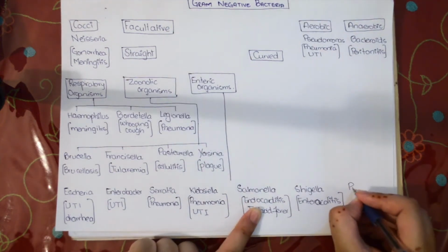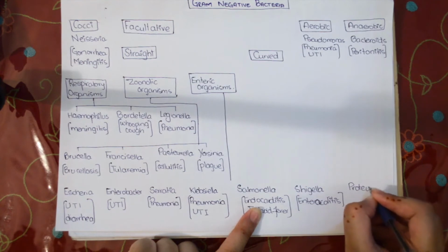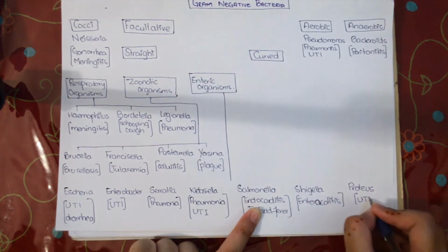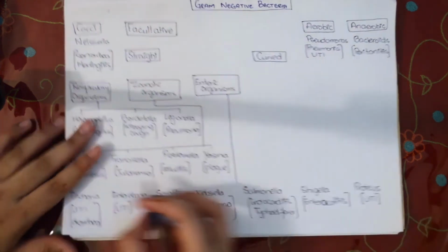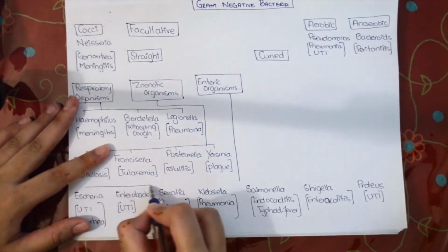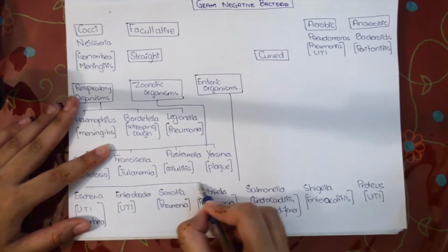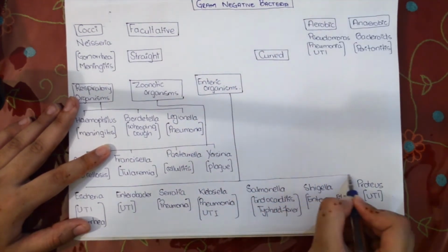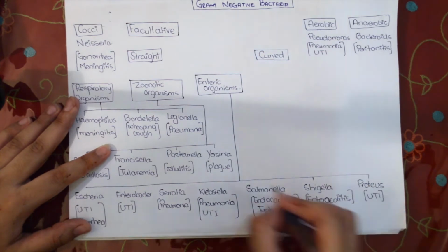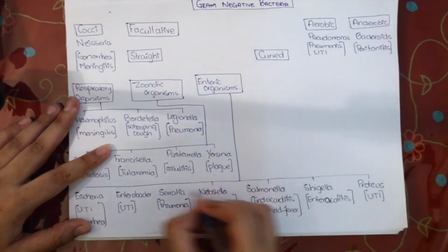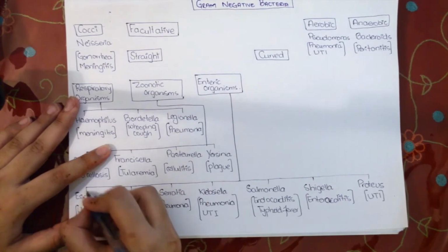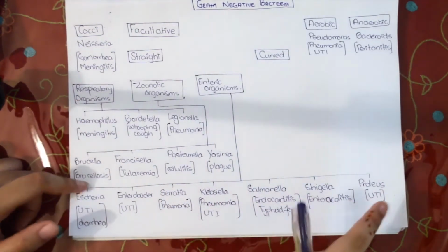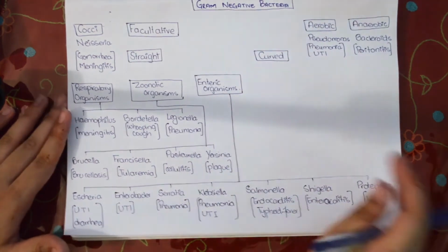And the last we have Proteus, which causes UTI, that is urinary tract infection. So these were the enteric organisms. And they are almost 1, 2, 3, 4, 5, 6, 7 in number.